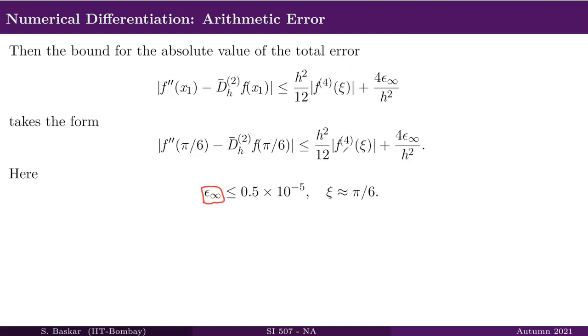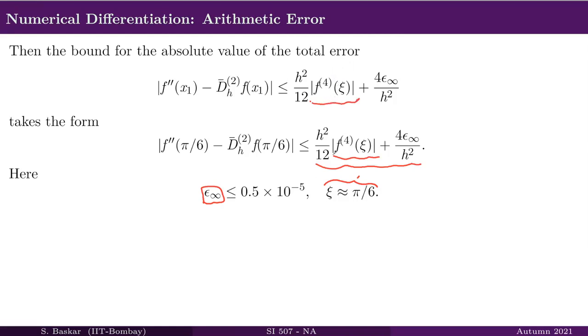Why I have not frozen this with the infinite norm is because I have a reason. Instead of taking the infinite norm, I'm just taking this xi to be pi by 6. Both approximations are okay, but this gives a bit sharper upper bound for you. That is why I have kept this term as it is without freezing it by putting the infinite norm.